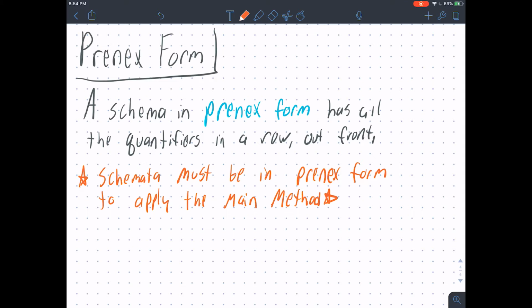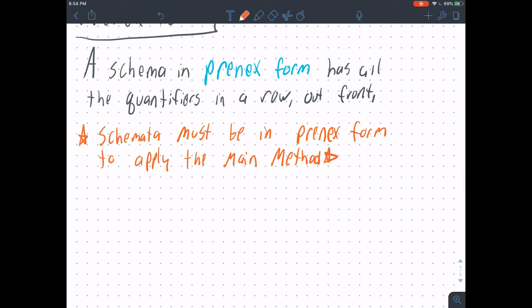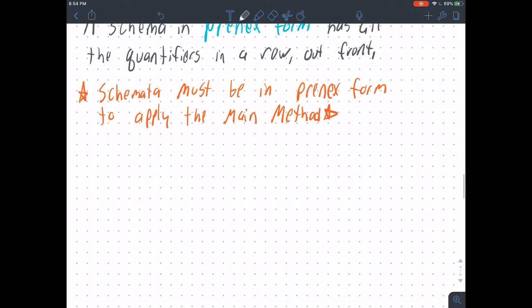For truth functional schemata, the main method just reduces to truth value analysis. But anyway, how this works is we just take all the quantifiers and move them out to the left, at the very beginning of the schema.